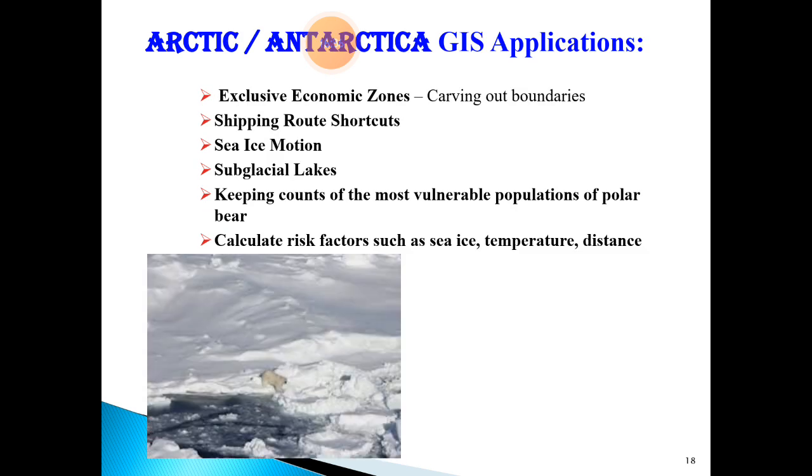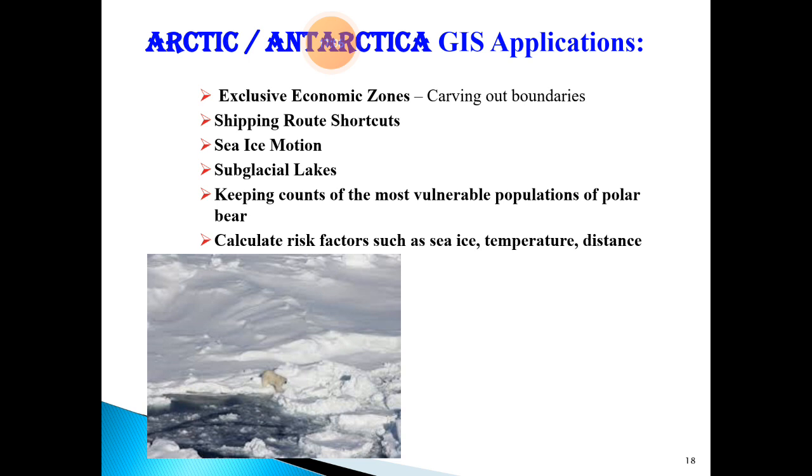The next is GIS also finds its application in the analysis of polar zones, namely the Arctic and Antarctica zones. It includes monitoring of boundaries of Arctic zones like Canada, Norway, Greenland, etc., and monitoring of shipping route shortcuts for the transportation of goods through the Arctic Passage using the path of melting ice in the North Pole.